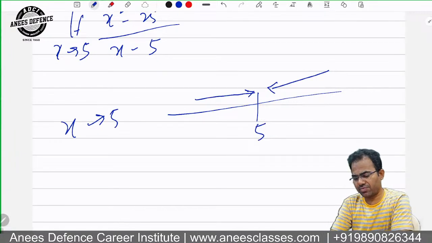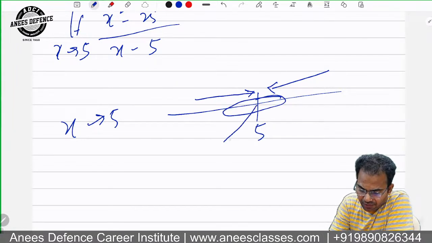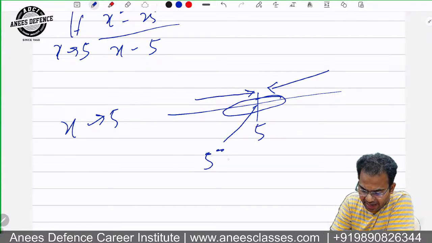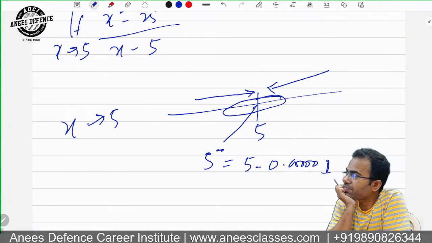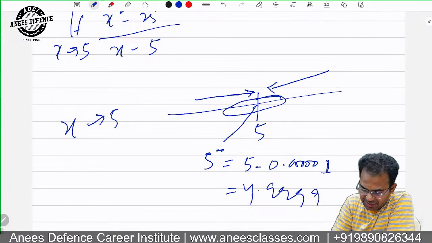The neighborhood of 5 to the left is 5 minus. 5 minus means 5 minus 0.000001, so that means it is 4.999 something. That is called 5 minus.